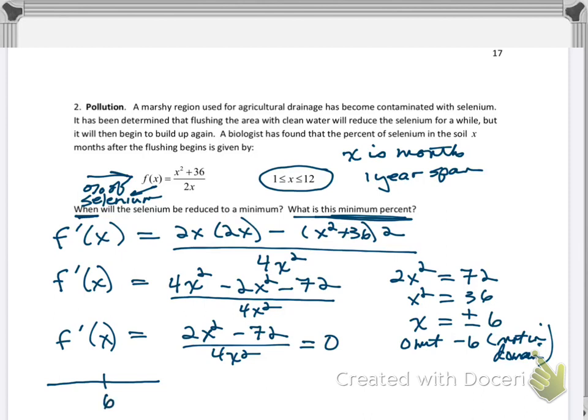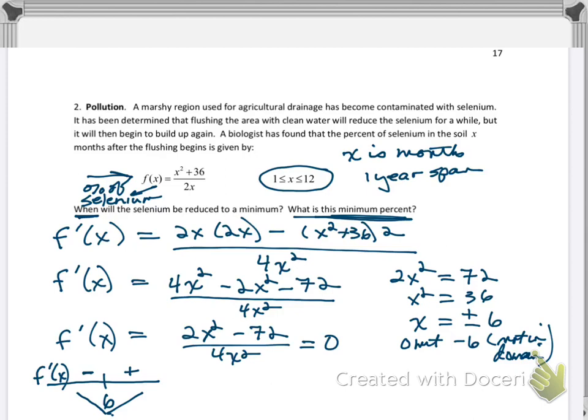So we're going to put f prime of x up here, and if we plug in a 5 in the first derivative, you're going to get a negative value. If instead you plug in a 7, you'll get a positive value. So this is what your function's looking like.